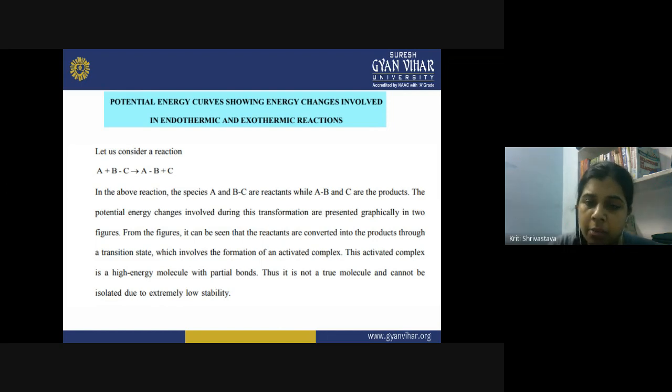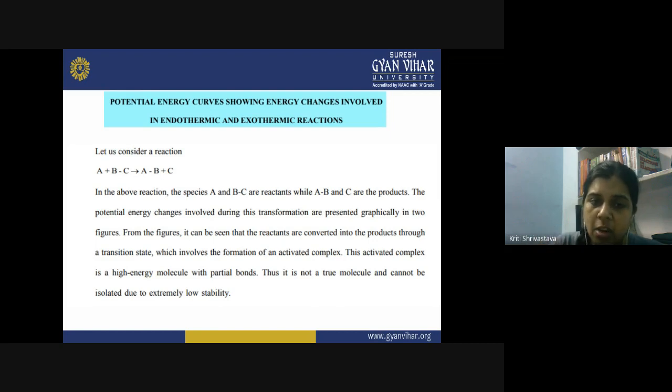So in between these two phases, the reactant and the product, the species that exists between them during the course of the reaction, you call it a transition state. The potential energy diagram we can use to see what would be the structure of that activated complex.